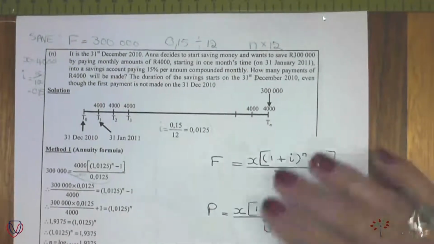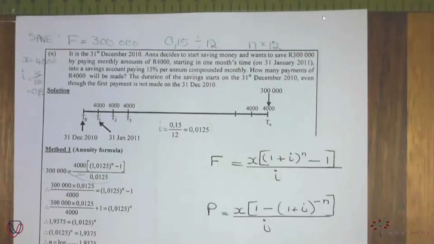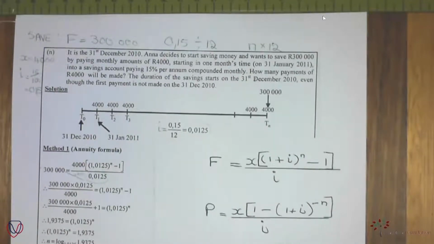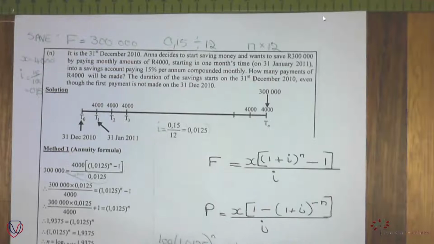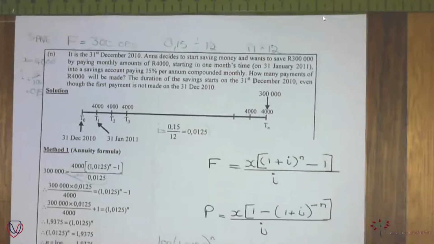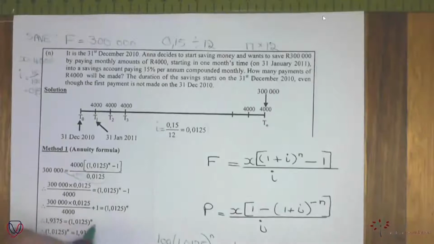I just want to add something here because here they skipped a step which I think is very important. You should write the log of 1.0125 to the power n is the log of 1.9375. That is what you should write from there.